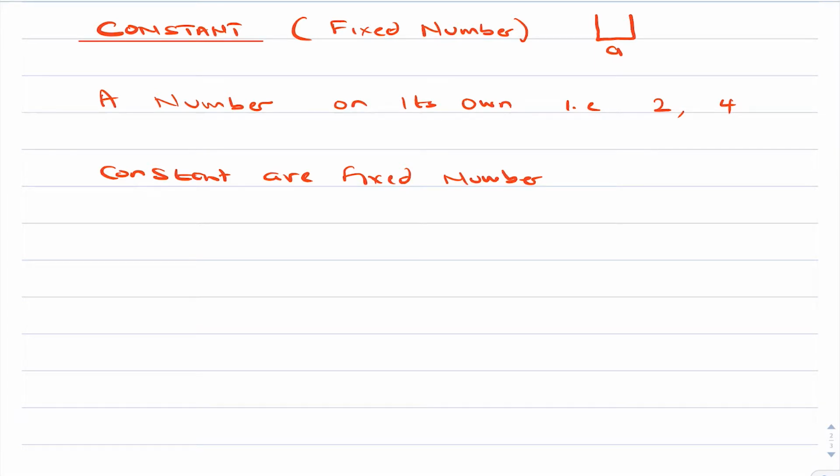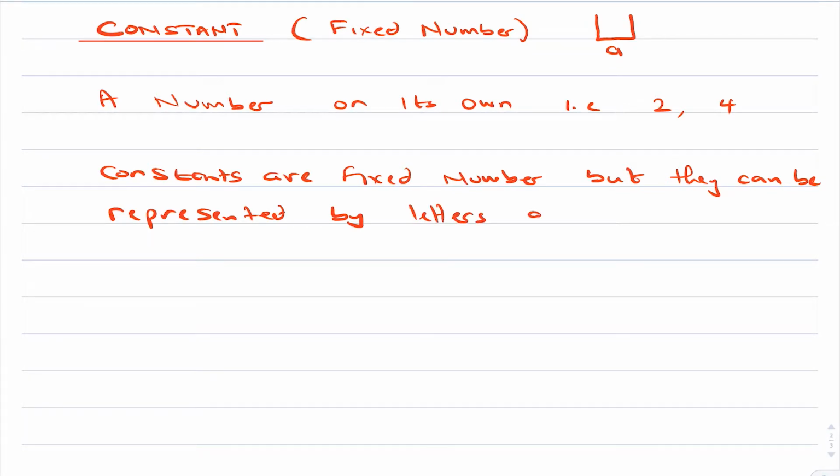So constants are fixed numbers, but they can be represented by letters as a placeholder, waiting for what that number will be.